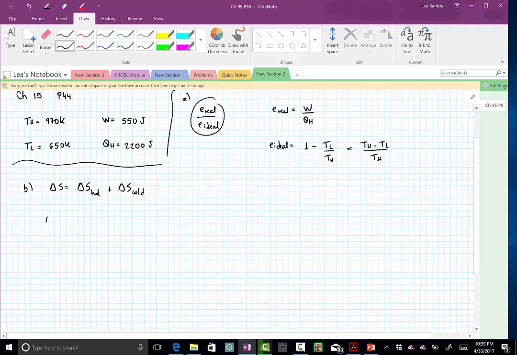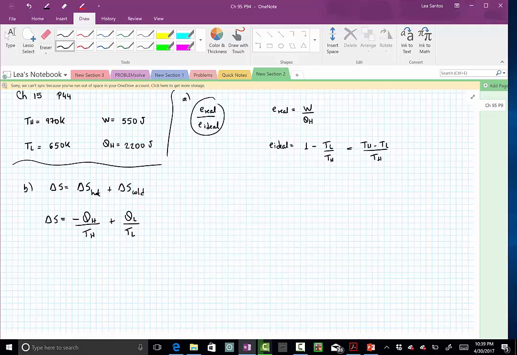So the hot one loses, that's why I put here minus QH, and it loses at a constant temperature, which is the temperature of that hot reservoir. This is such a big reservoir that the temperature does not change. And the cold one receives QL at a constant temperature TL. That's how we obtain the total entropy change of the universe for this real engine.